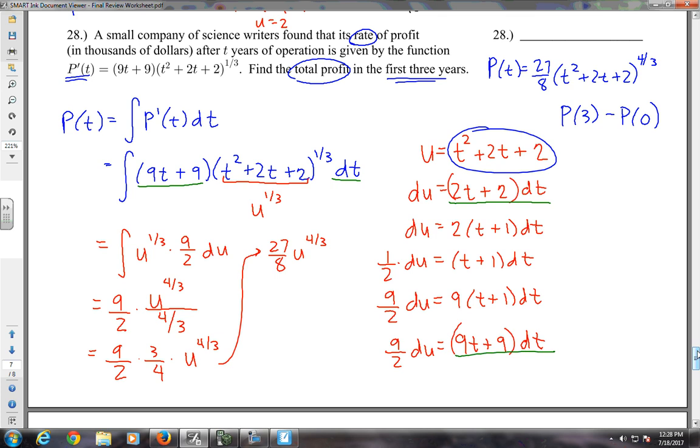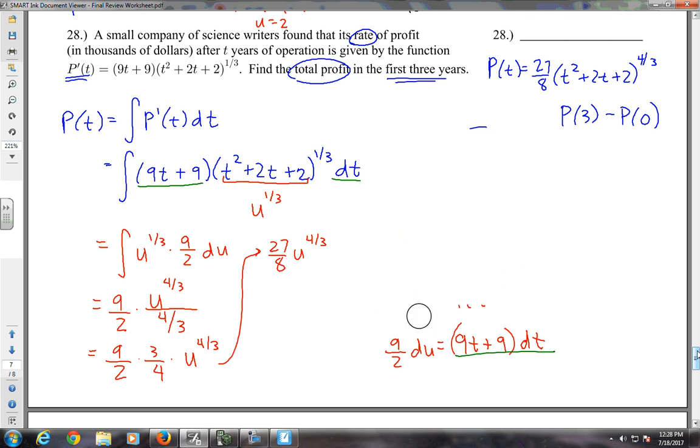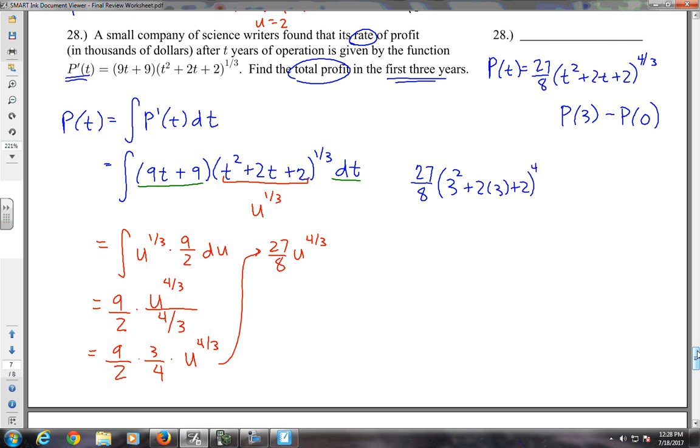If so, I'm going to clear up a little space right here so I can work this part out. Plugging 3 into our newly found profit function, and subtracting profit evaluated at 0.